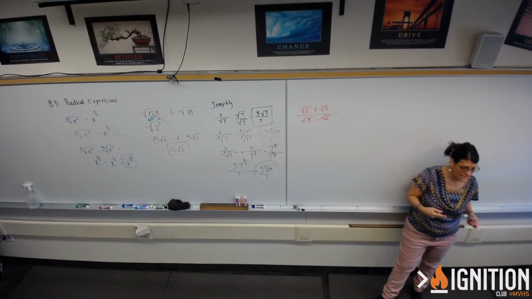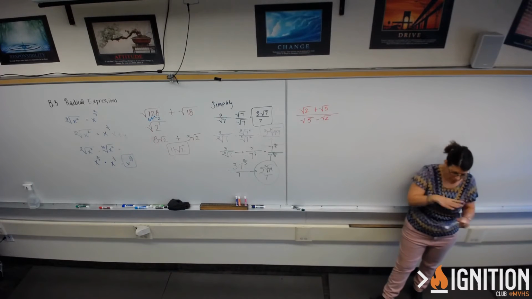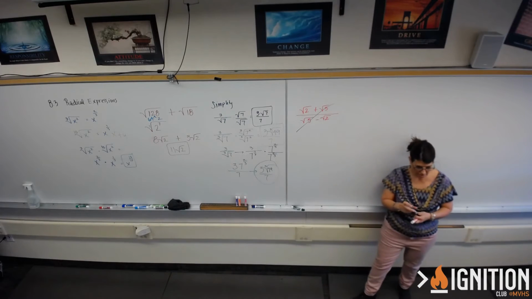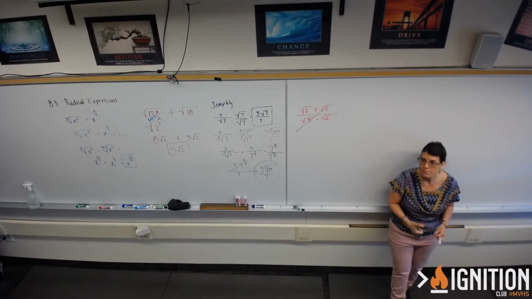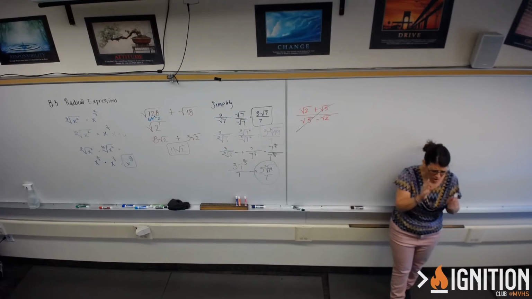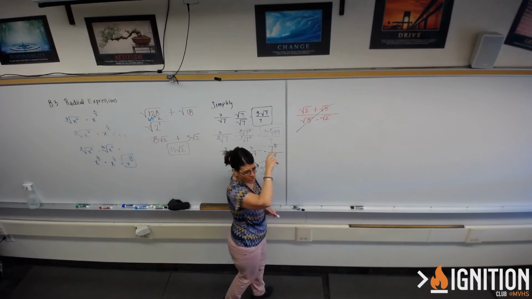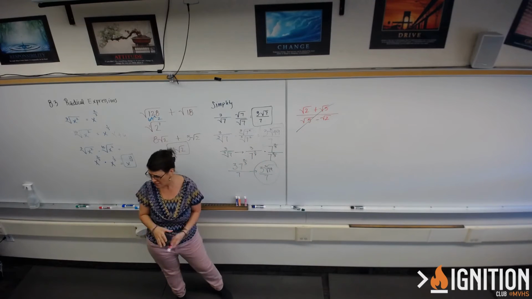So the easiest way to simplify this, by far the easiest way, that's 1. Yes? No. You cannot reduce. This is a binomial over a binomial. You can't just decide to cross things off in the middle.